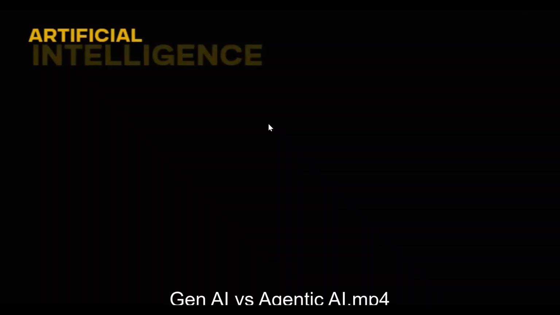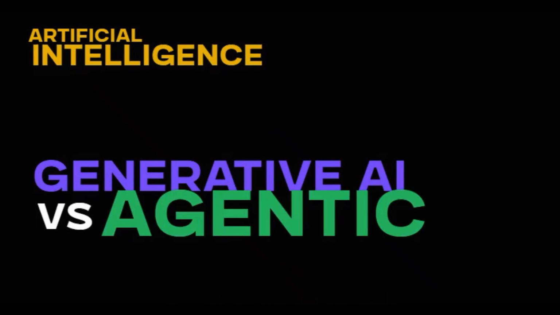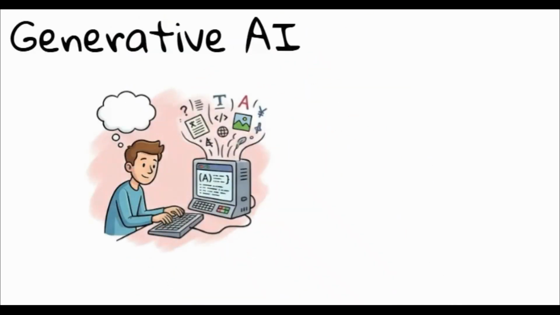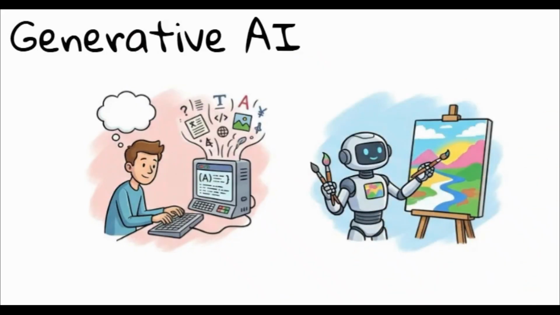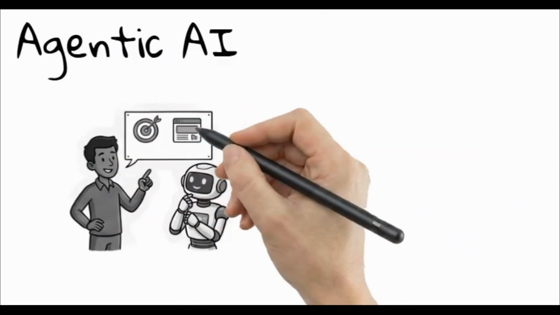Let's try to understand the difference between generative AI and agentic AI. Generative AI is like a creative artist. You give it a prompt, an instruction, and it makes something new for you, like text, pictures, or code. Agentic AI is like an independent assistant.